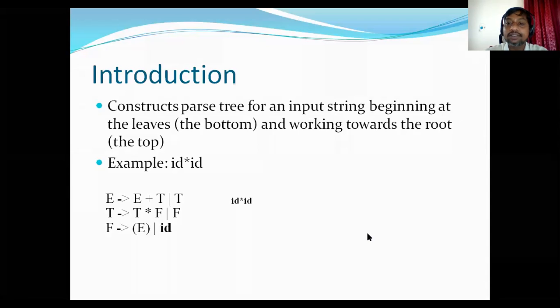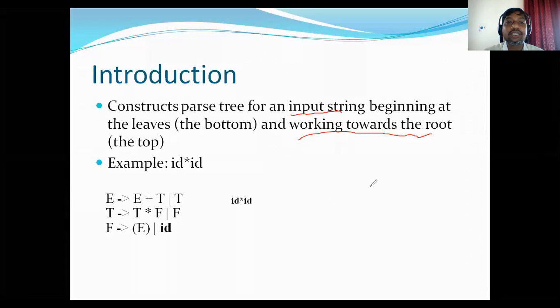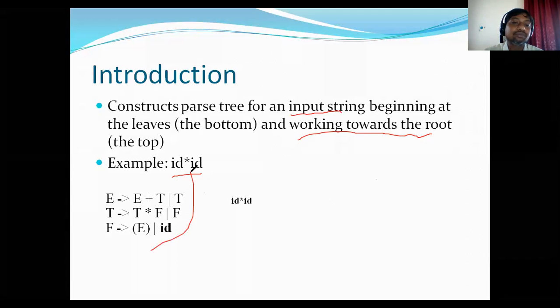As I explained just now, we start with the input string and work towards the root, right? As you can see here, id star id is the given string, and this is the given grammar.